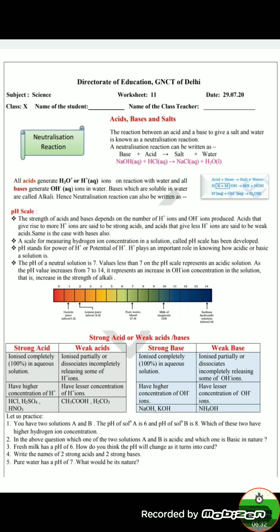Student, below this you have a kind of scale, pH scale with different colors starting from red to blue. This is called pH scale, right? And numbering is there 1, 2, 3, 4 up to 14.